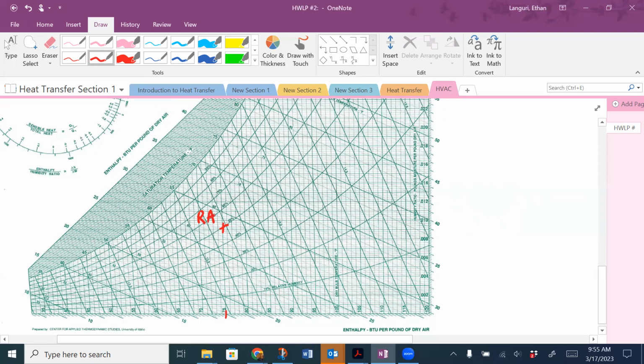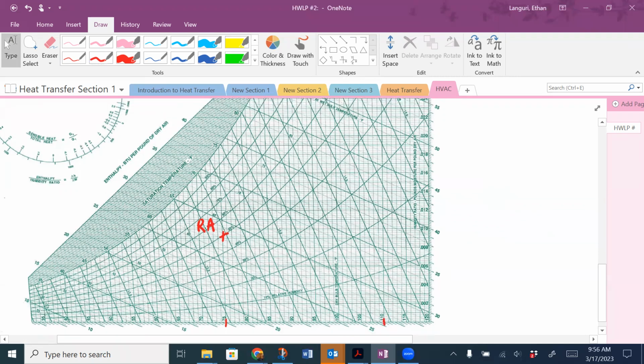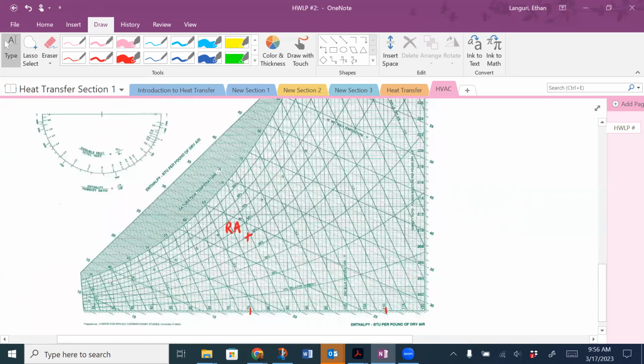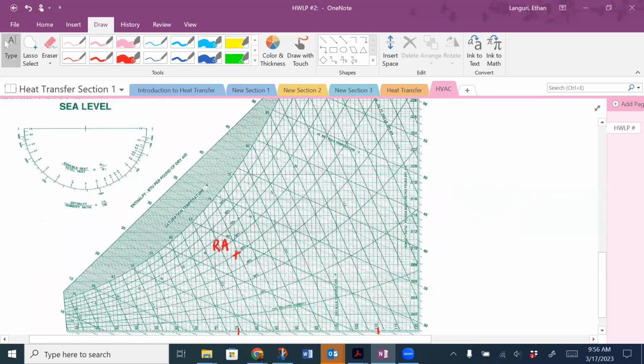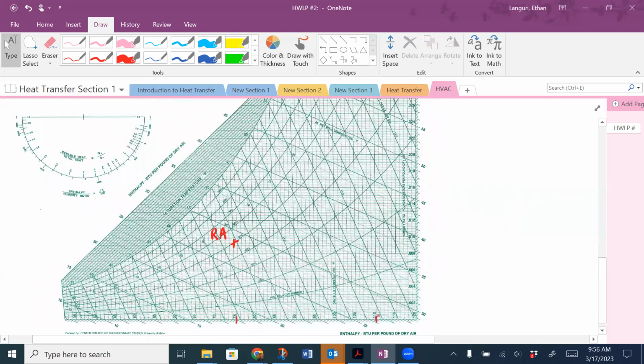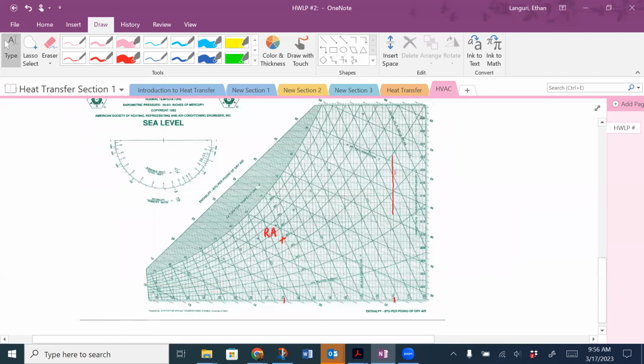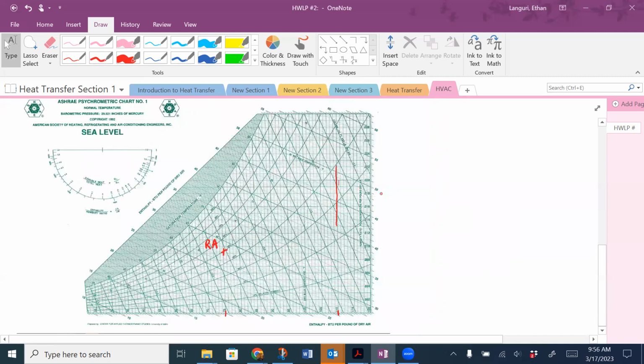For supply, I only have the 110 temperature, which means that my point is along this 110 line. Somewhere along this 110, but I need another piece of information such as humidity or enthalpy to fix it.